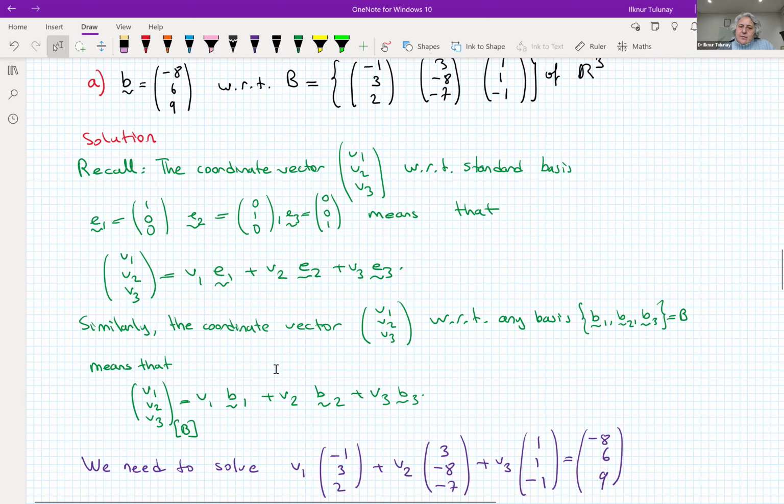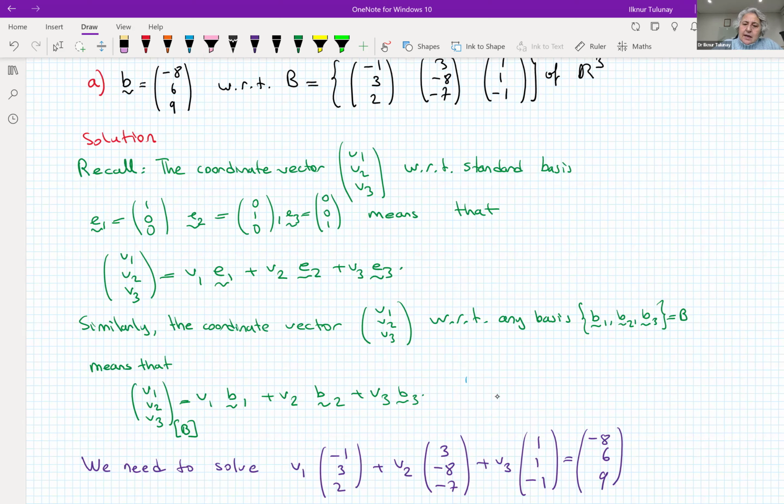There will be other numbers, maybe w1, w2, w3, if you want to write it in terms of the standard basis. That's what I'm trying to say. The numbers will be different, but they may correspond to the same vector.